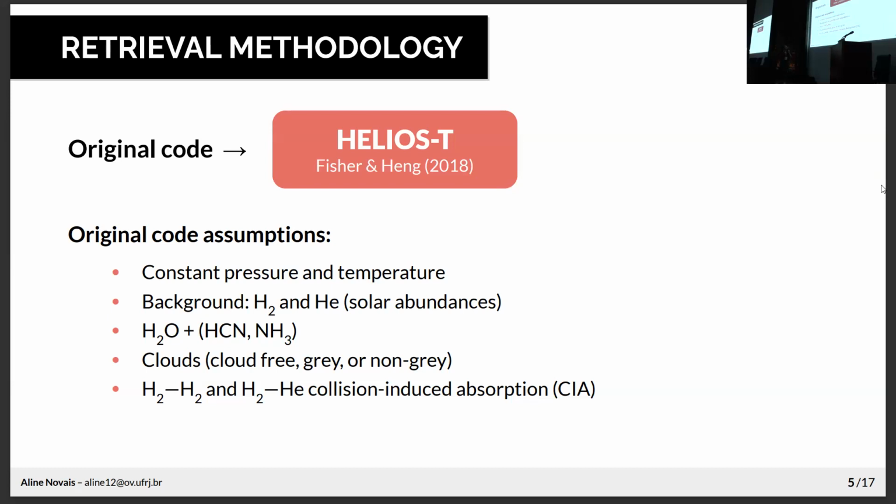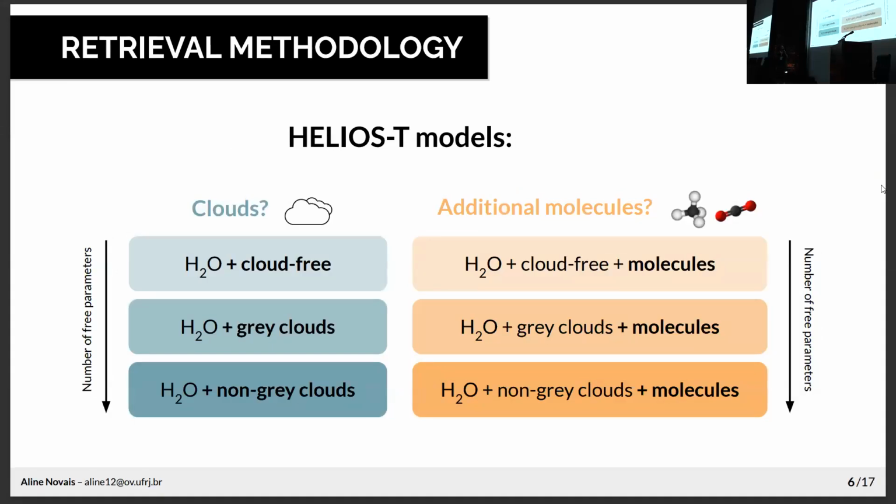Of course, we have hydrogen and helium as background gases. We also have the option to include some additional molecules and clouds, and some different effects in the atmospheres, which I'm going to go into in greater detail.